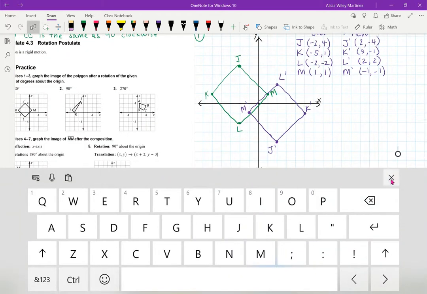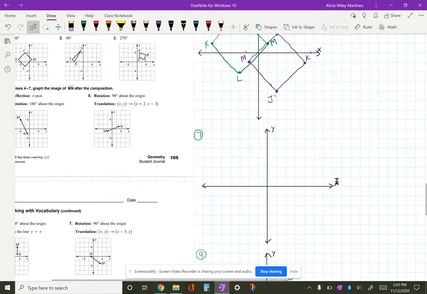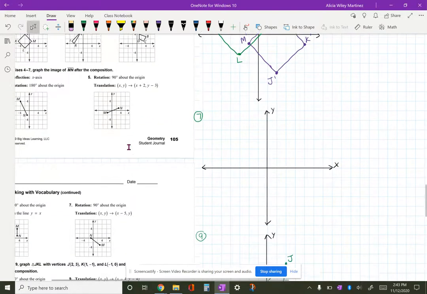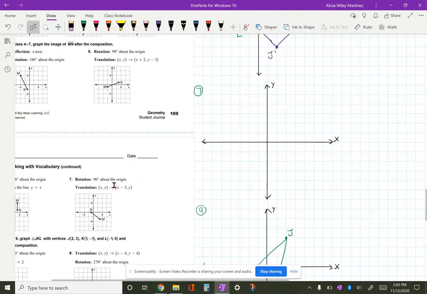Okay, so on the next one, I'm looking at number 7. On number 7, this is a combination, or what they call a composition. So we have our points here.